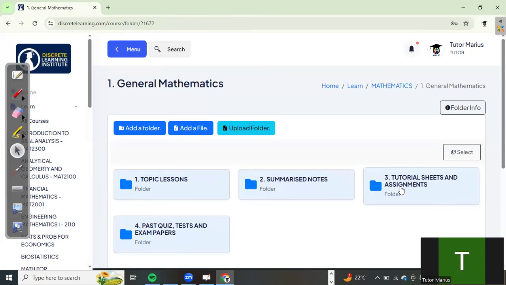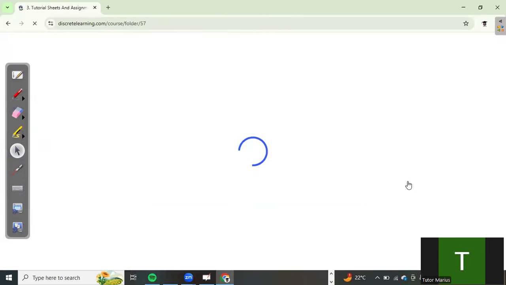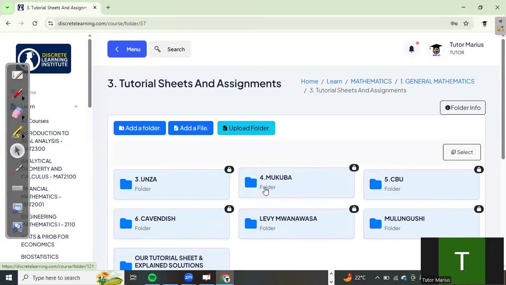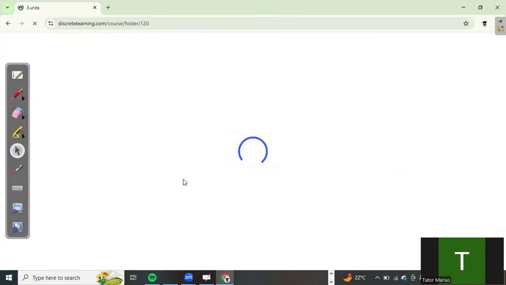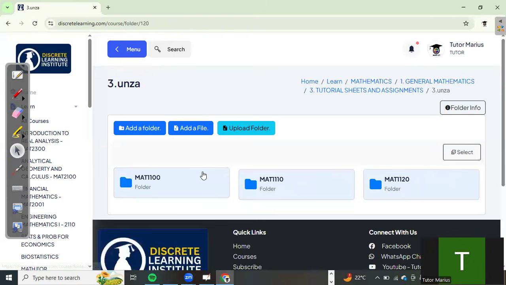So this here is a tutorial sheet question that I was solving, which is from Math 1110. Math 1110 is a course at UNZA. So I'm going to click there, UNZA. When I click here, you see that it gives me 1100, 1110, and 1120.